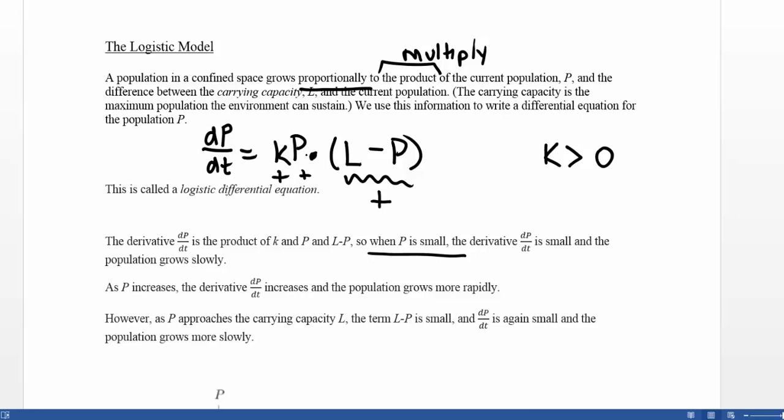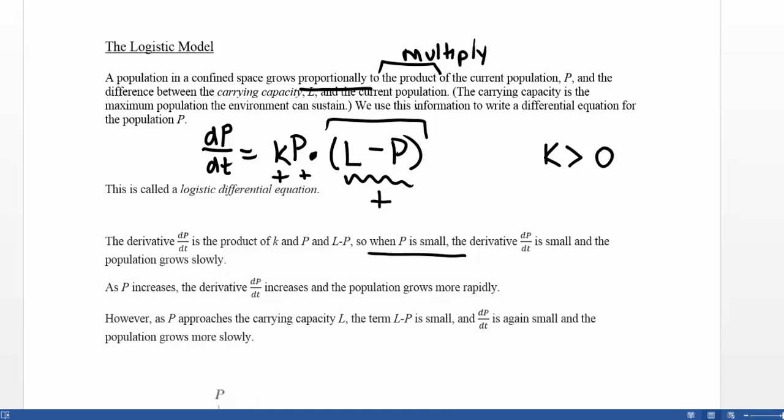It grows more rapidly. However, as P gets closer to L in this second term, that second term is going to get smaller and smaller, which means we're going to slow down the growth, and our derivative will get smaller as P gets closer to L. So when P is small, we start near the beginning of time, and our derivative is small, so it's growing slowly.